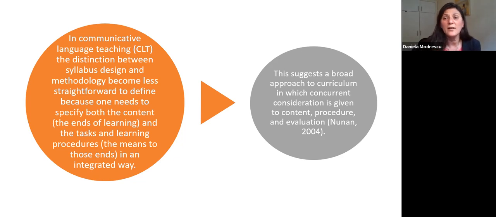That's why we tend to use the terms syllabus and curriculum interchangeably.